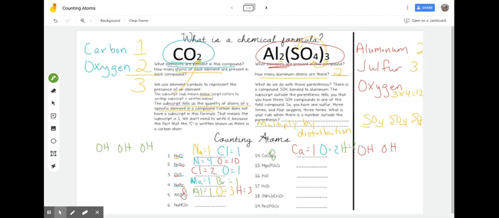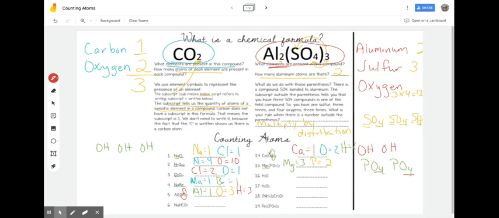All right, let's do the number 15, magnesium. Notice there's a 3 with it, so Mg is 3. Then I have PO4 together, and it's 2 times. So my P's are easy. There are 2 of them. So I'm going to put P equals 2. And look at my oxygens, though. Each oxygen has a 4.